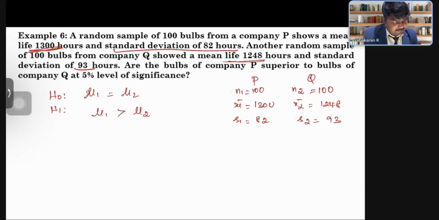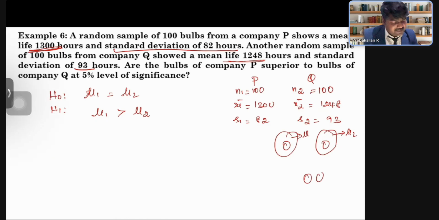Try to understand: if one sample comes from one population and another sample comes from another population, then both are different populations. Mu1 is the mean of the first population, mu2 is the second population mean. It represents that the two samples come from different populations with different mean levels.